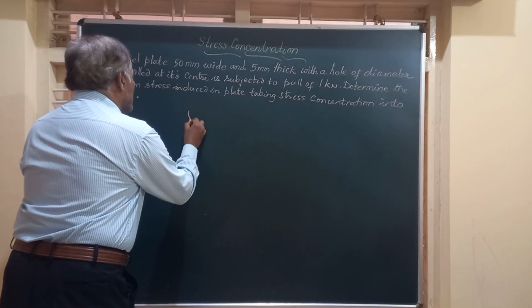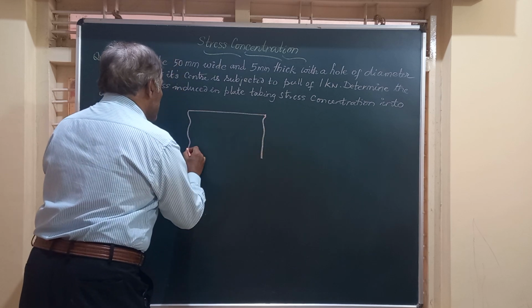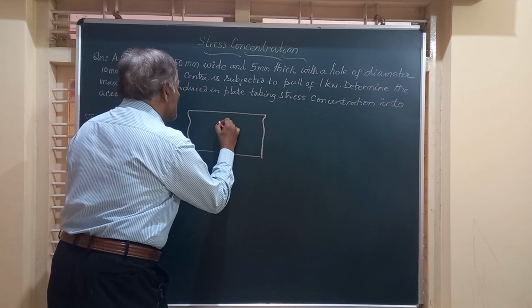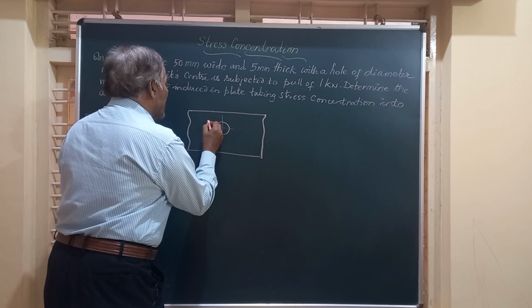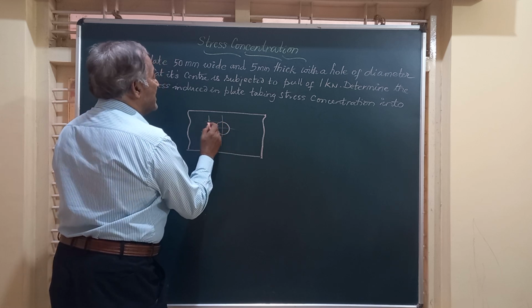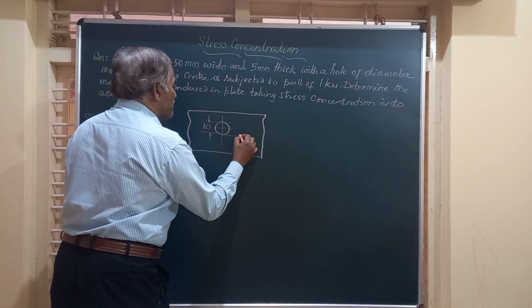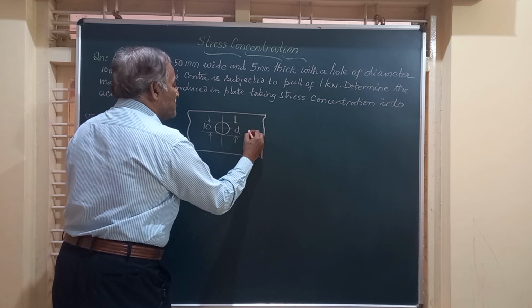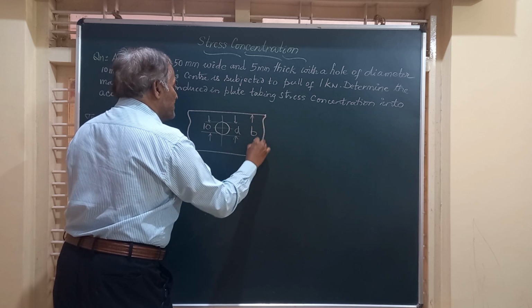So friends, we have a plate here and they have given the dimensions of the plate, and there is a hole drilled exactly in the center, and the diameter of that hole is given to be 10 millimeter, and this is represented in the machine design handbook as D, and the width of the plate we will call it as B.